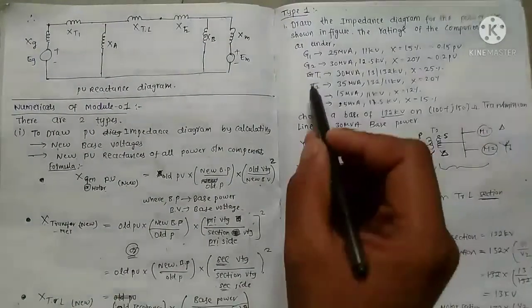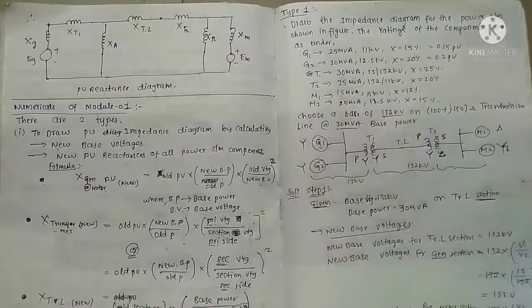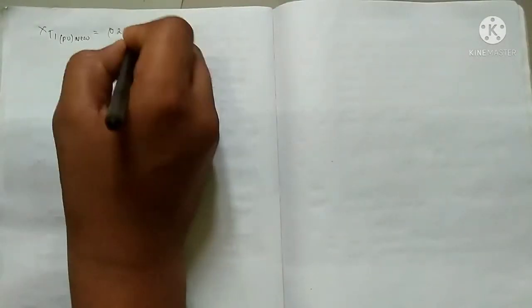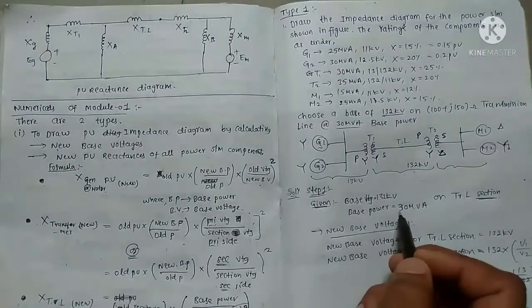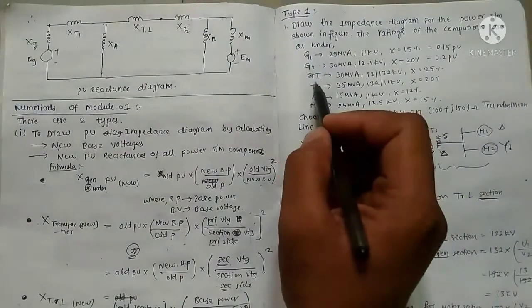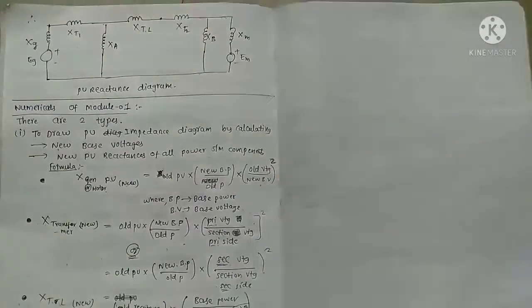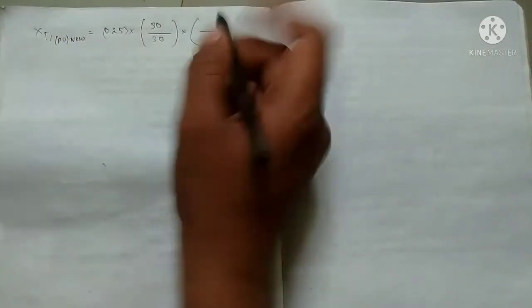Old pu of T1 is given as 25%, that in point value 0.25, multiplied by new power, which is 30 MVA, and old power of T1 transformer is 30 MVA, divided by voltage.